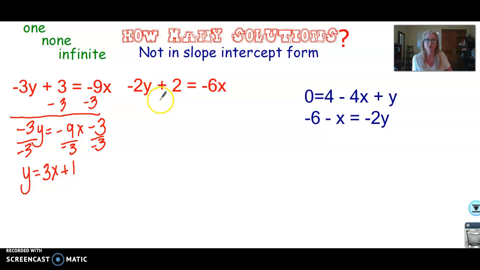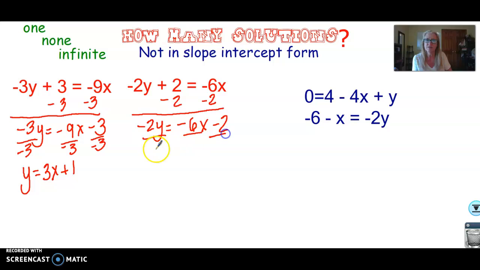Now the second equation, we're going to subtract 2 from both sides to get y by itself on the left-hand side. That gives me negative 2y equals negative 6x minus 2. And then I divide everything by negative 2, and I get y equals 3x plus 1.